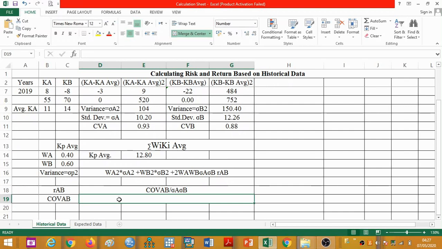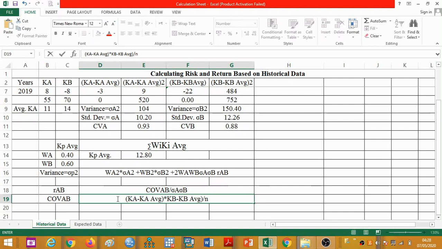For the historical data, the covariance between A and B is equal to KA minus KA average into KB minus KB average, and then divided by n. N is the number of observations, in this case the number of years.